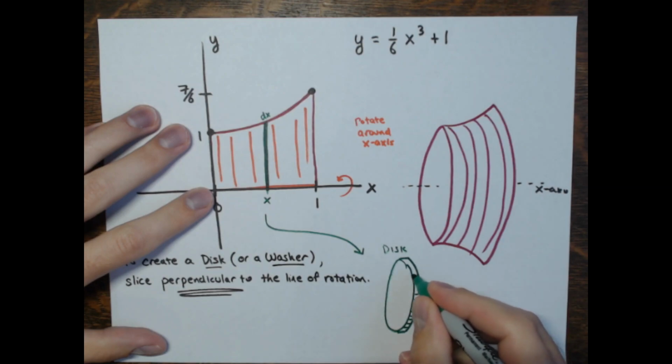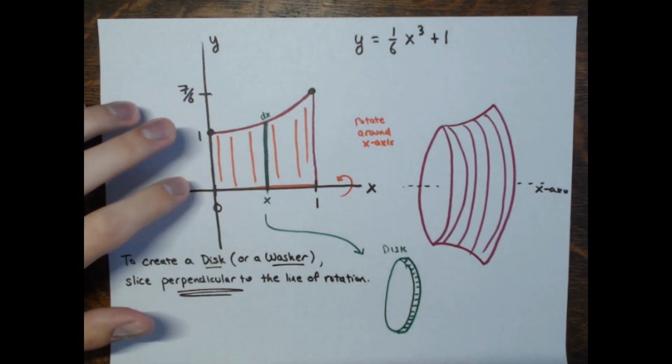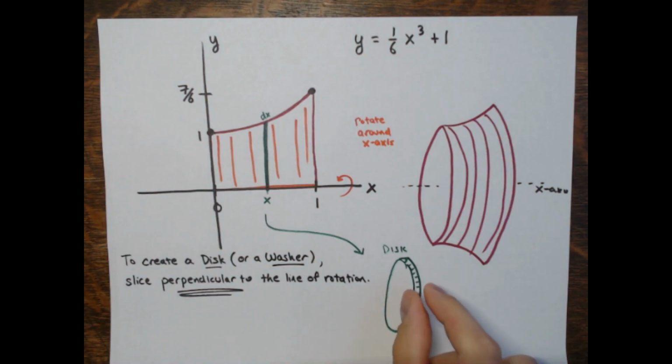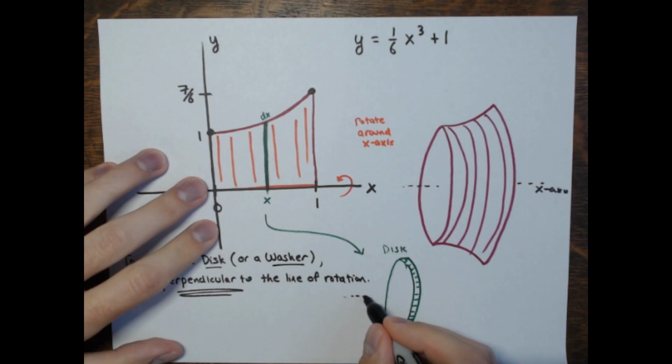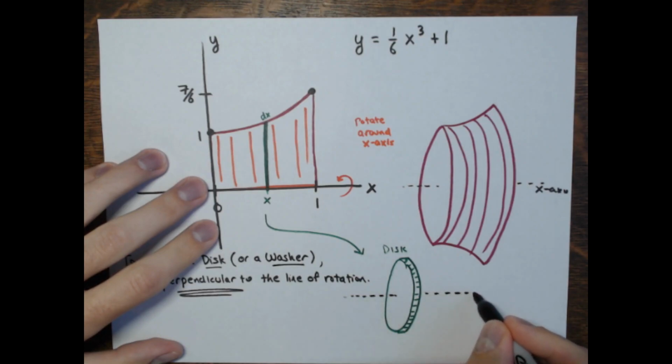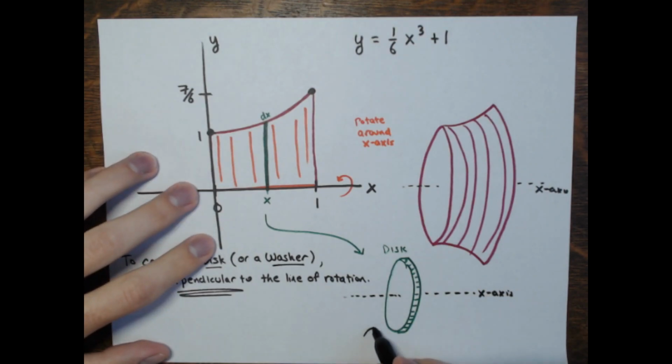You get something like this, little circular thing with a little thickness, but you got circular faces. And again, running through the center of it would be the x-axis. I'll point out again, you have circular face, circular section.